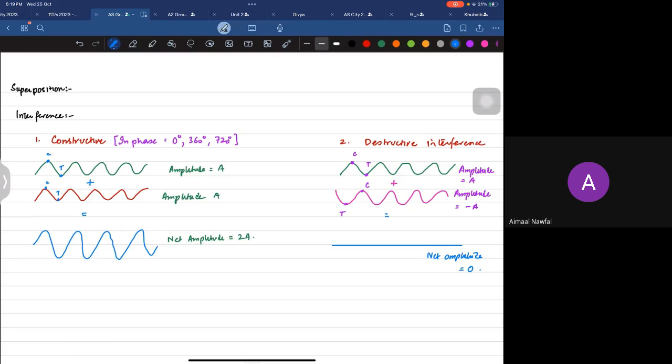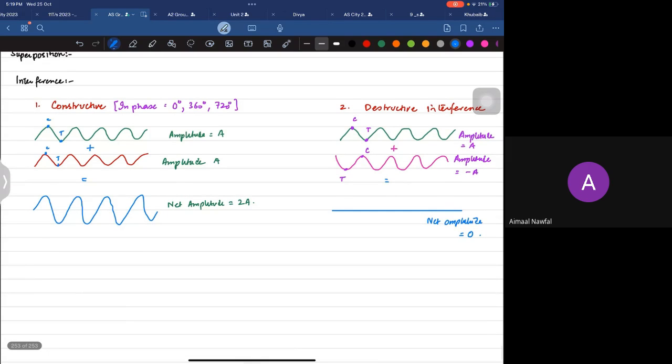Now, when all this happens, this basically tells you about a principle that we follow, or these follow.